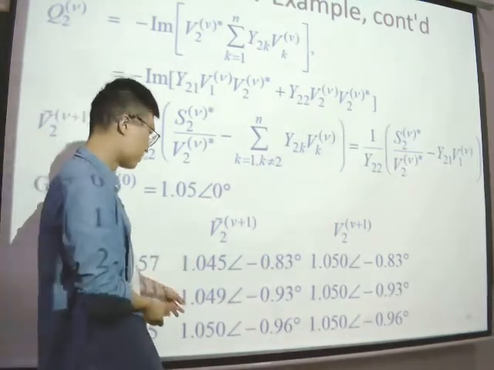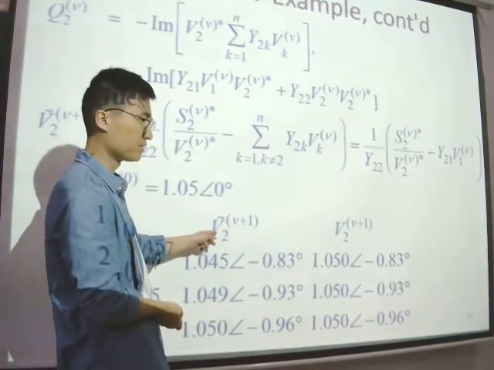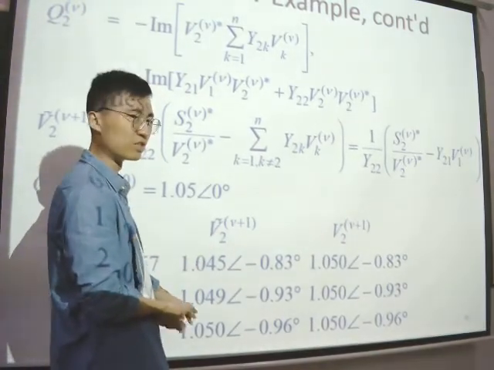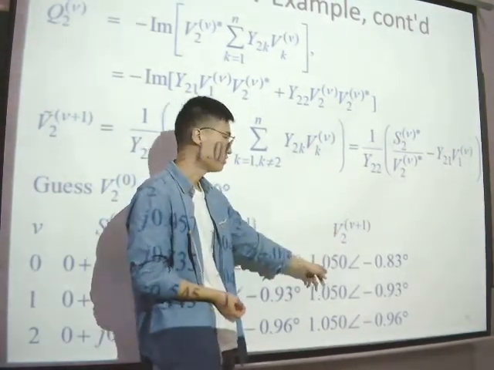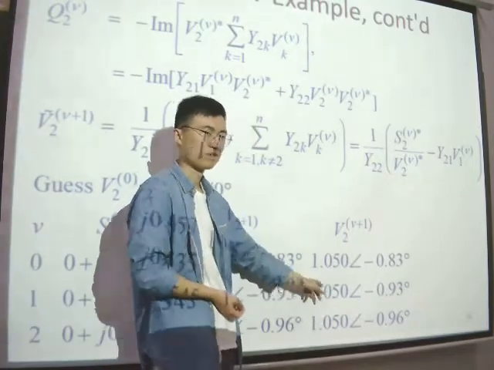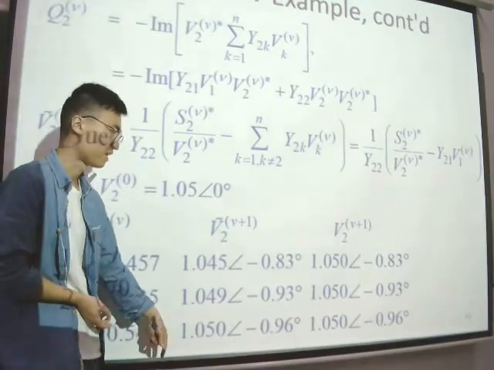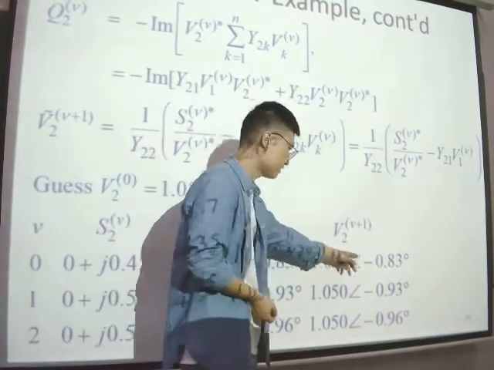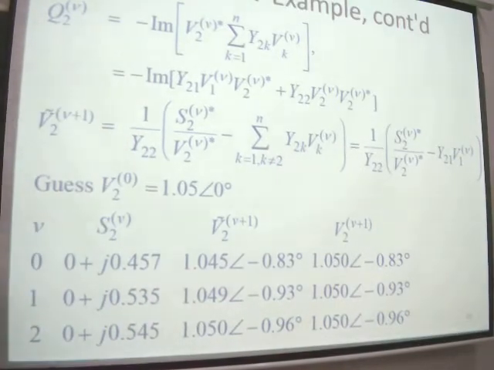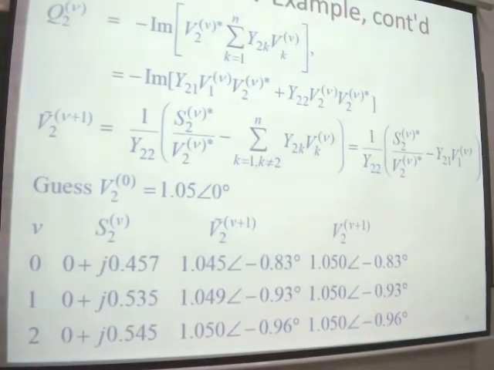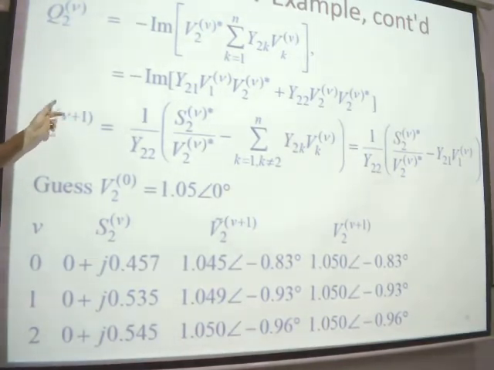The magnitude of V2 is approaching the known value, because we know the magnitude of V2 is 1.05. The magnitude is approaching the fixed value, and the angle is also approaching the real angle. So the PV bus just uses a different iteration equation.